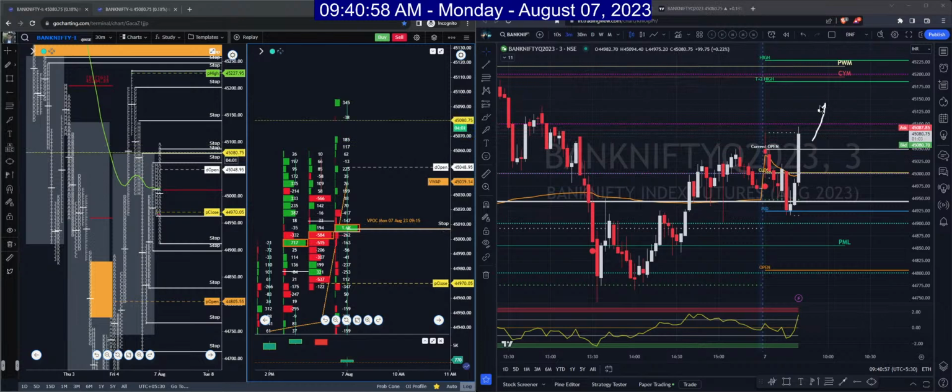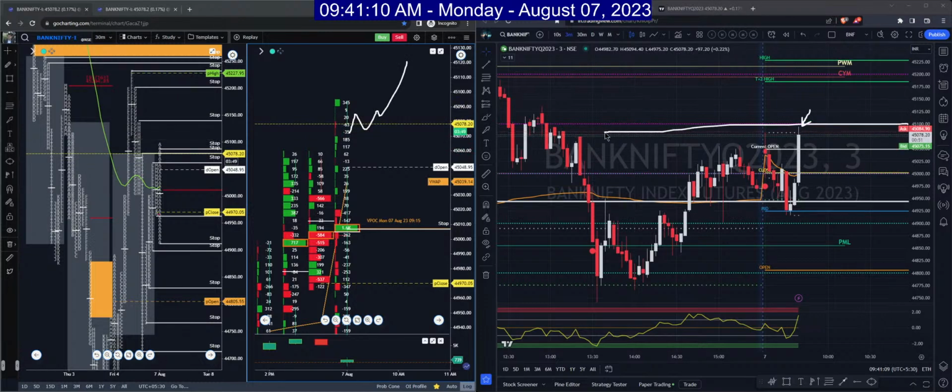Yep, short covering is seen. The 45,100 level, yep, it is tagged. So let's have continuation higher. Supply is coming in, 45,100 level is here. The supply meter also suggests the same. I'm looking for supply to come in now.